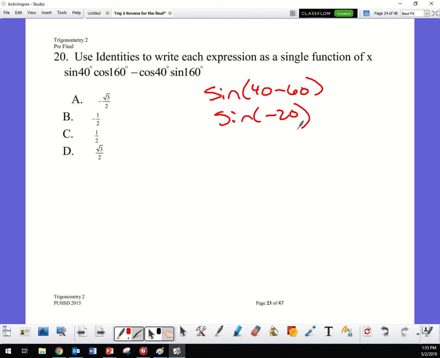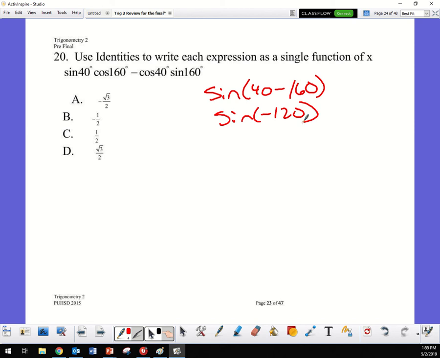So it equals negative 120. Sine of negative 120 goes that way and puts me in quadrant 3.